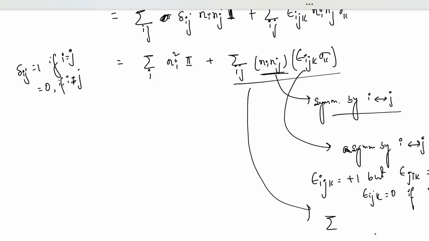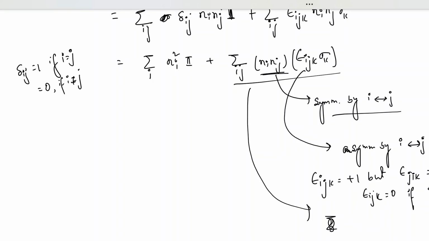So in any case of equality, epsilon ijk is 0, and that term you cannot consider anyway. So for simplicity, to check whether we are getting a correct sum or not, let us take i equal to 1, j equal to 2, and k equal to 1 only, let's say.